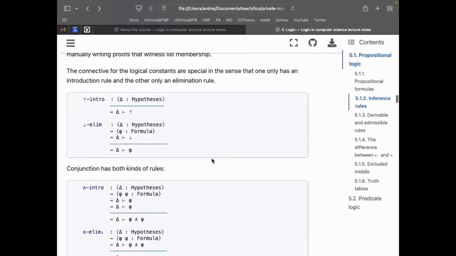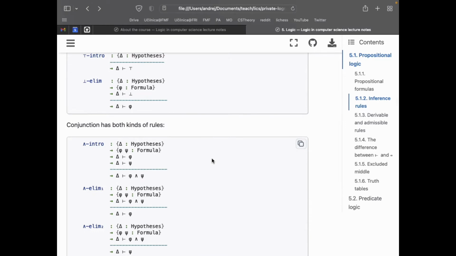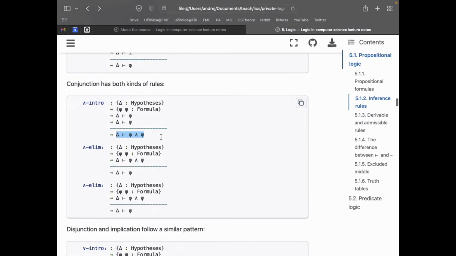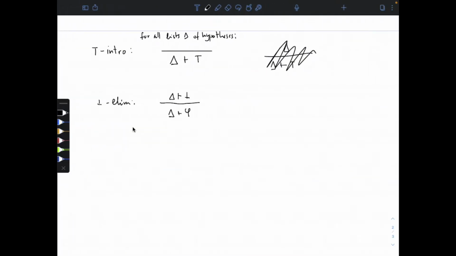Okay. Now let's look at the rule that has actually proper introduction and elimination rules. How do you prove phi and psi? To prove phi and psi, you prove, well, separately phi and separately psi. This is written in a vertical way. In a logic textbook, it's going to be written like this. I'm just telling you how to read the rules.